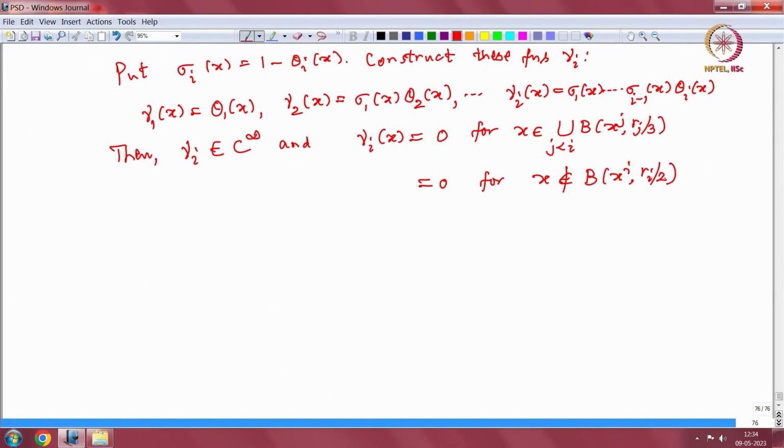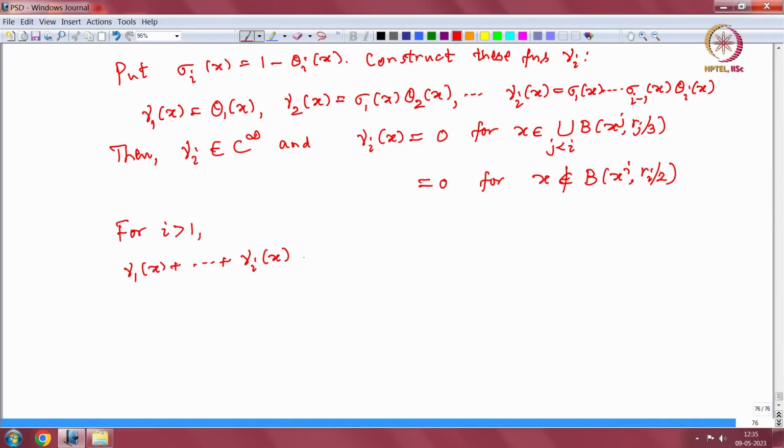Okay. These are straightforward verifications. More important, we will now come to this. For i bigger than 1, this partition makes gamma 1, gamma 2, a partition of unity. So we have gamma 1 x, gamma i x.